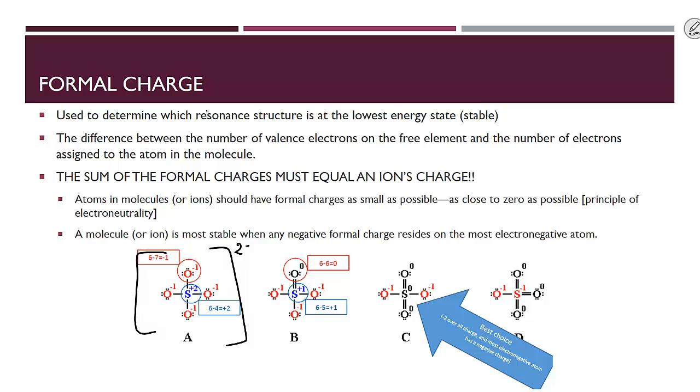So if you were to add all these numbers up, +2 + 4 - 1s is a -2. Overall, formal charges will equal the charge of the compound. But a formal charge looks at an individual atom within a compound and examines the number of valence electrons minus the number of electrons owned by that atom.